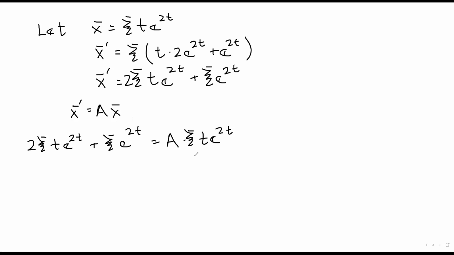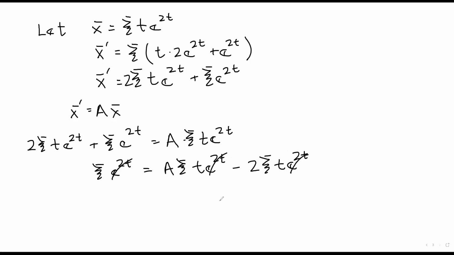Okay, and then if we went through and rewrote this, we would have xi e to the 2t equals a xi t e to the 2t minus 2 xi t e to the 2t. Oh, by the way, we can cancel all these e to the 2t's. Cancel all those. And then this we could rewrite.